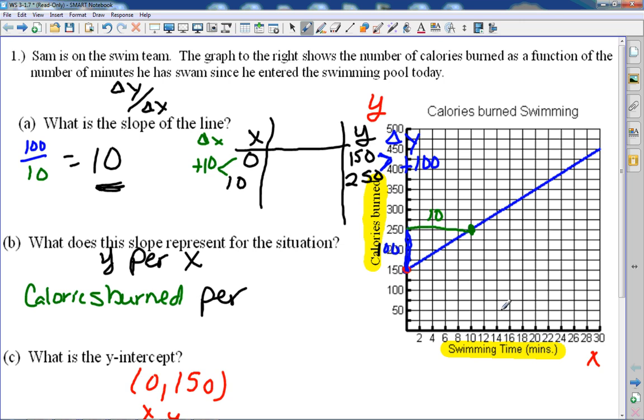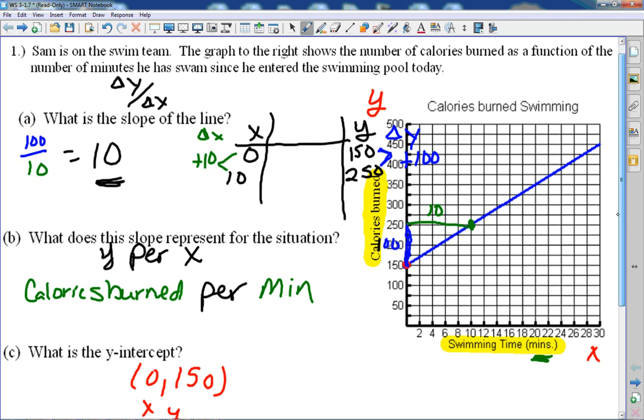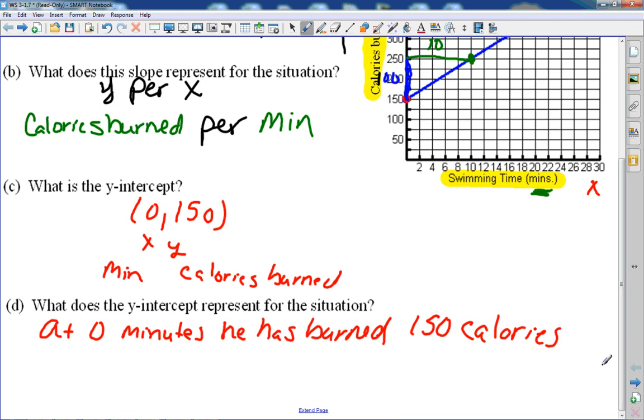Now, it's the x. There's swimming time, but anytime you have stuff in parentheses, it's better to use those units. So I'm going to put per minute. Okay, let's see if I have any other questions on here. If I go down. Nope, I answered them all.